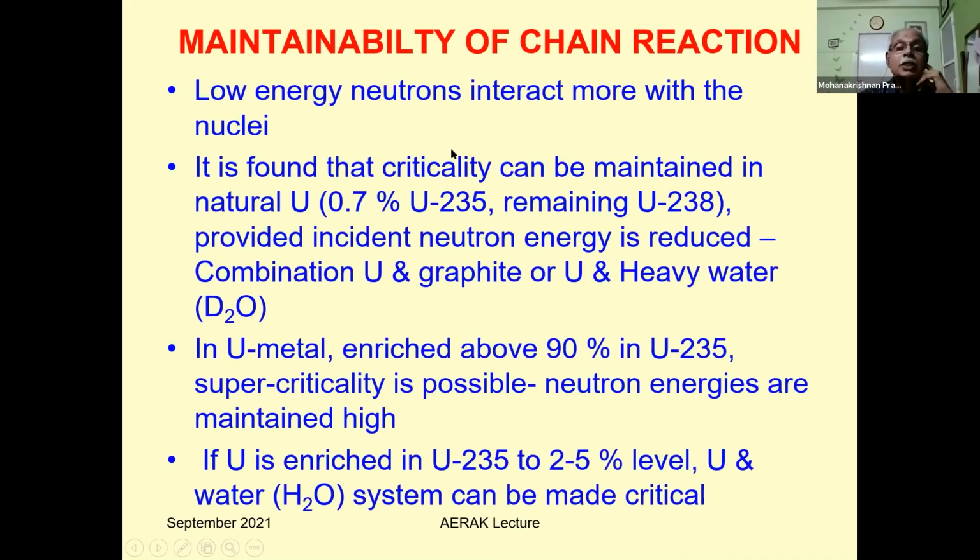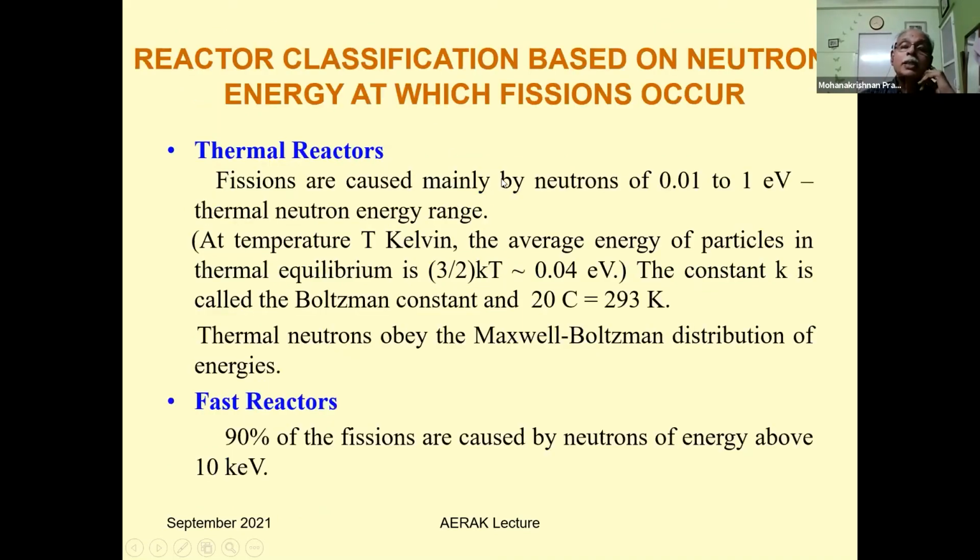So when the fissions are caused mainly by thermal neutrons, that is energy of 0.01 to 1 eV, the temperature T in Kelvin is 293 K at normal temperature, 20 degrees centigrade. If you use the Boltzmann constant, we can get 3/2 kT, that is the thermal energy, as 0.04 eV.